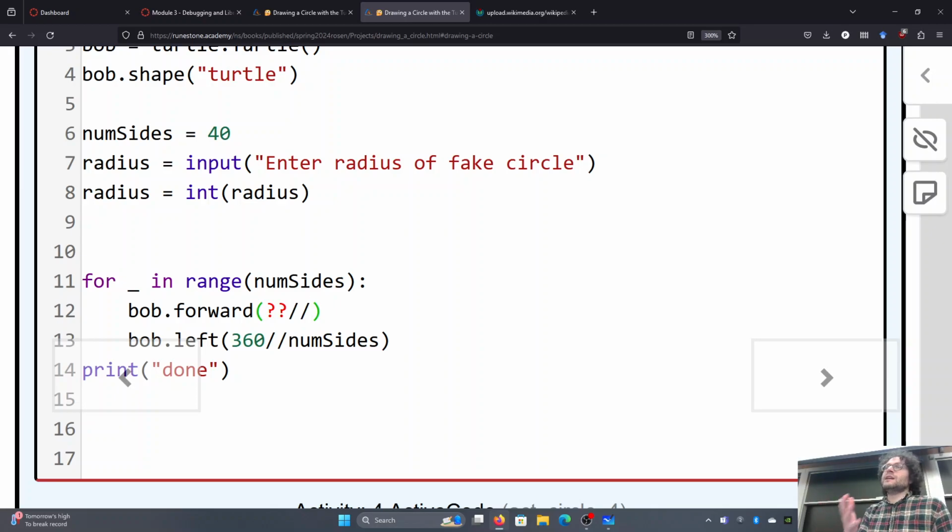Because we know each side is going to be equal, we're going to do 1/40th, or however many it's going to be, of that total amount. This is the total amount I need to move, and that's 1/40th, 1/50th, whatever we plug in for one of those. So the main issue is figuring out what this thing is supposed to be.